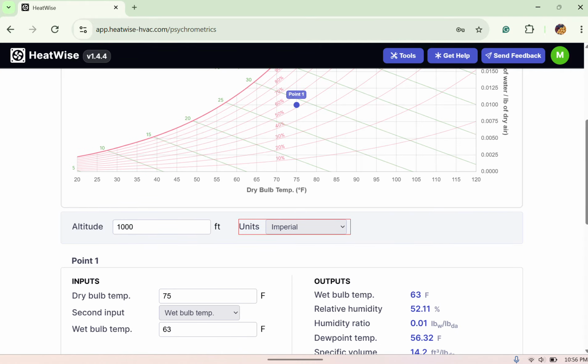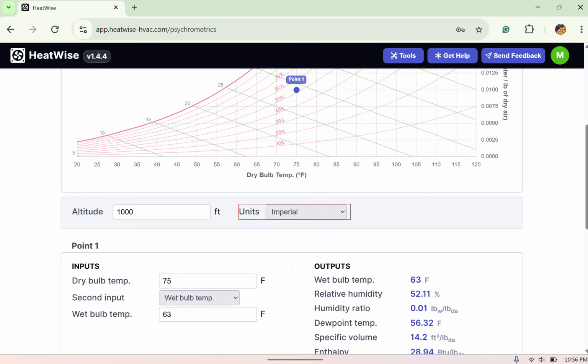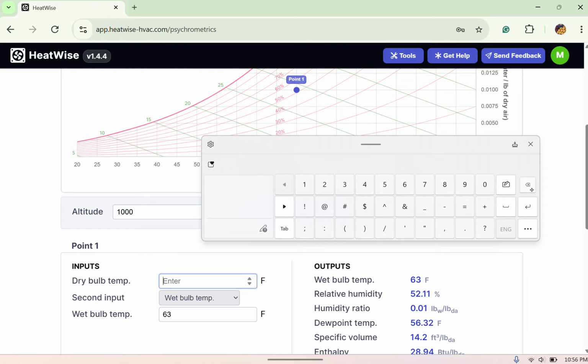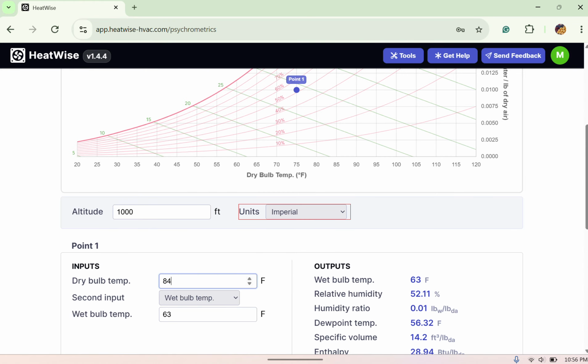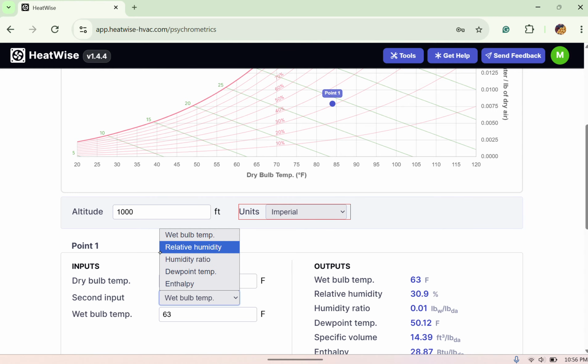And from this chart, we can enter our values. So we've got a 75 dry bulb temperature here, but maybe I will just change this to 84. And we can select what we want our secondary input to be. Right now it's at wet bulb temperature, but we can have whatever we want.